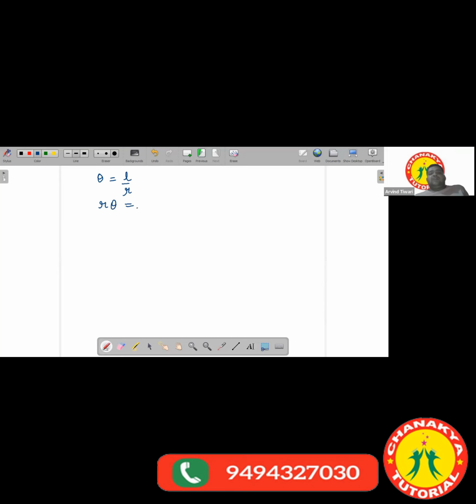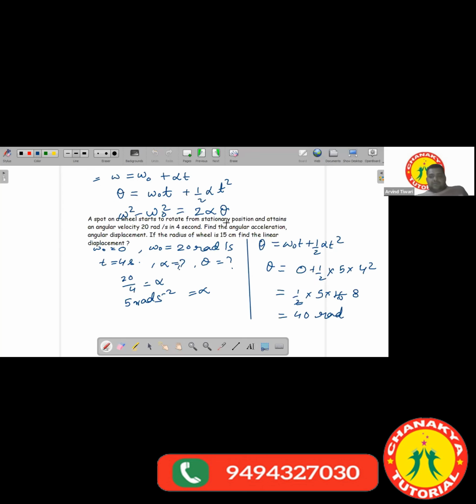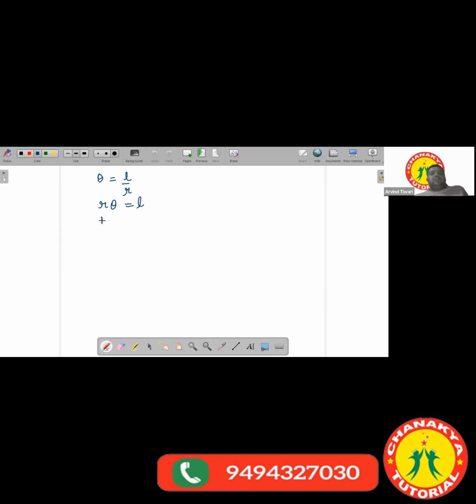So R times theta would be equal to the length of arc. The radius we are given is 15 centimeter. So we put 15 multiply theta, which is 40. You will get the length that has been traveled. So 15 multiply 40, you get 600 centimeter. That means 6 meter is the length traveled.